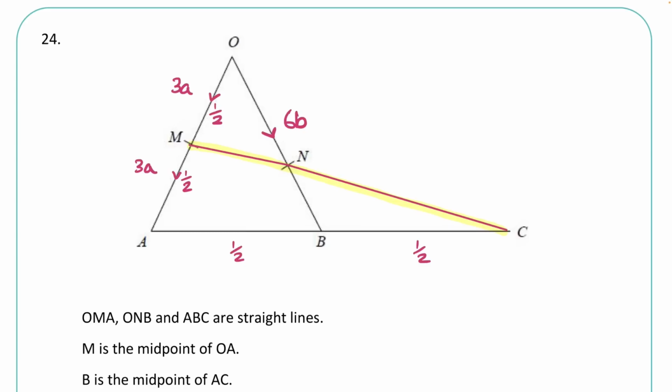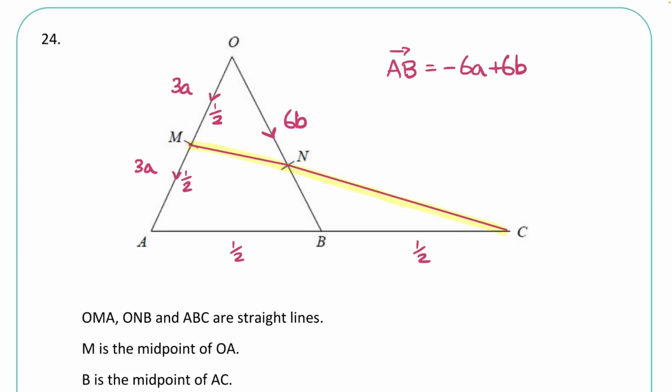So let's look at finding A to B. To get from A to B, which is currently the line that we've not been given, I would have to go up from A to O and then down from O to B. So to get from A to O, I would do minus, because I'm moving backwards, 6A, and then plus 6B. And that would get me from A to B. I'd go up to O and down to B, but I'd get there.